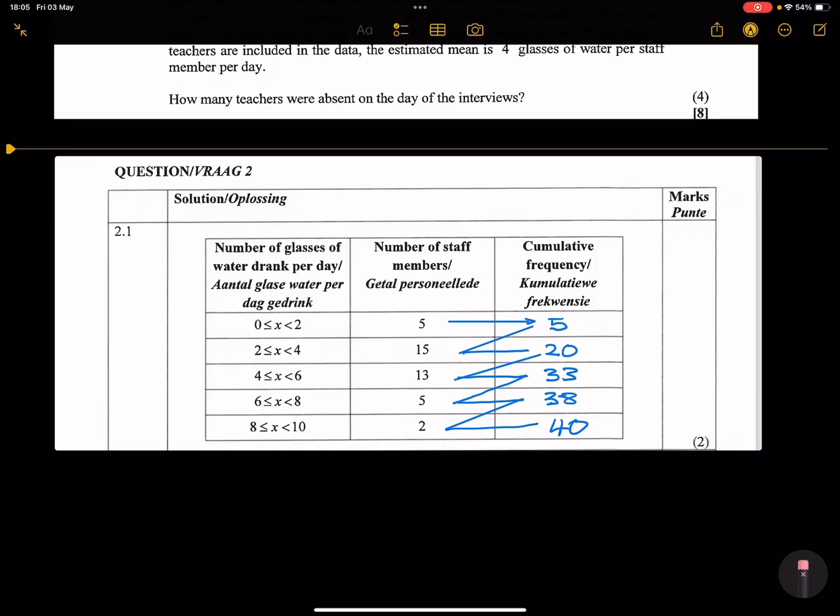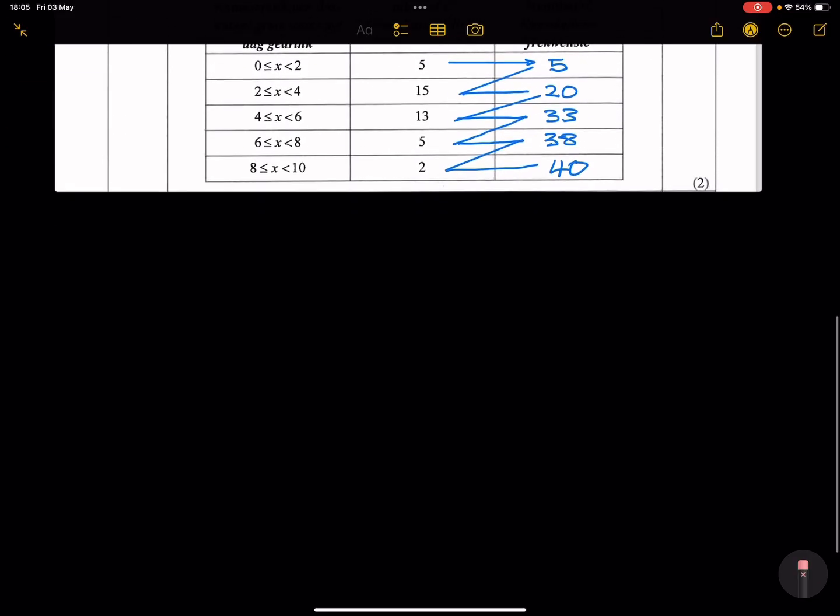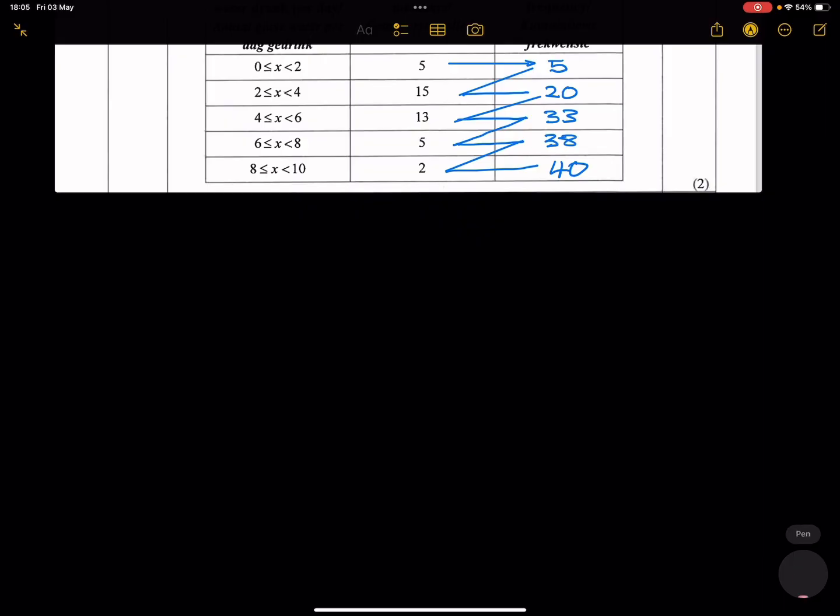So the cumulative frequency is drawn in that manner. Right, and please remember, guys, they could have easily asked us to draw an ogive of this. Okay, and I just want to show you a simple illustration of what that ogive looks like.